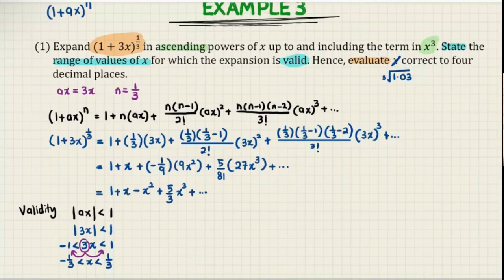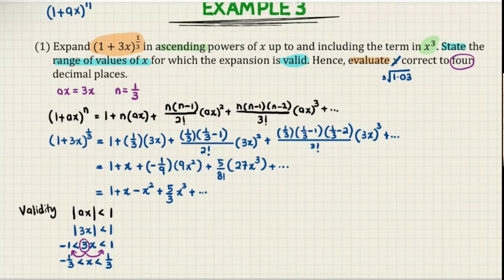Okay, now the next question is, hence evaluate punca kuasa 3 1.03 correct to 4 decimal places. So dia minta 4 decimal places. Okay, so first of all, soalan ini sebenarnya macam mana kita menggunakan this expansion untuk kira ini. So I am going to write this one in terms of this formula 1 plus 3x to the power of 1 over 3.